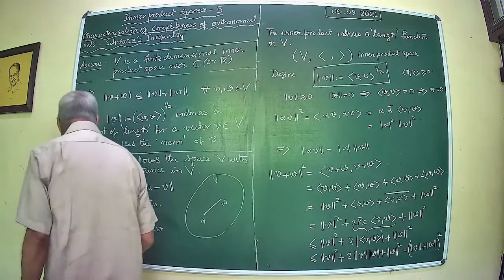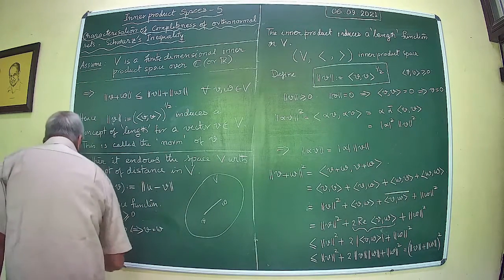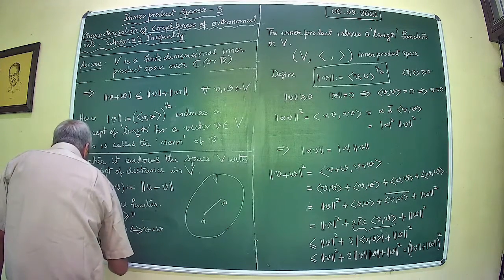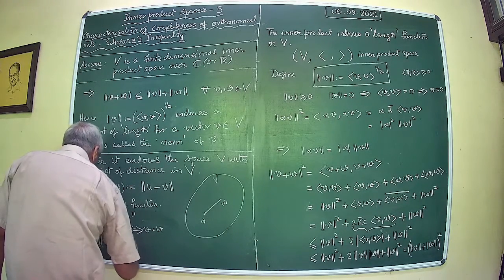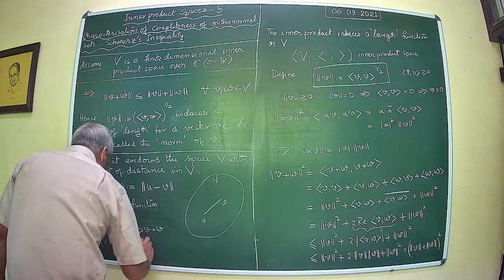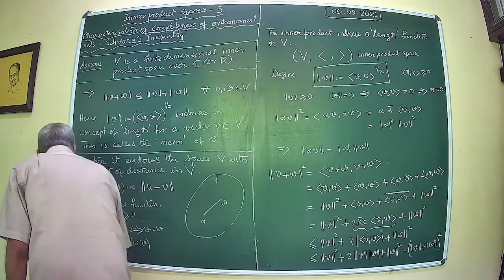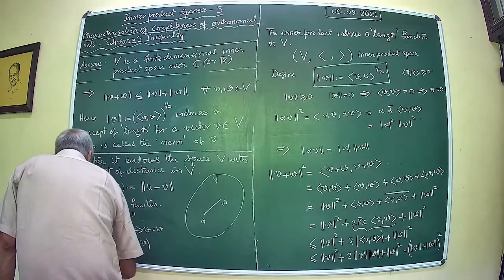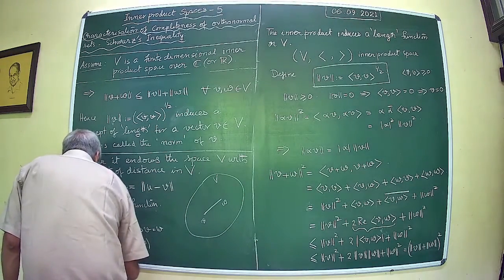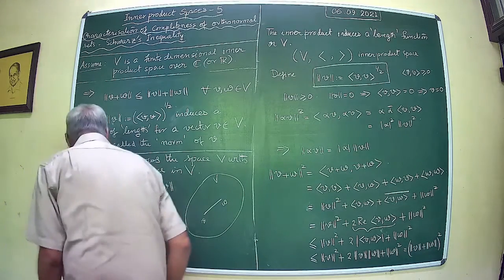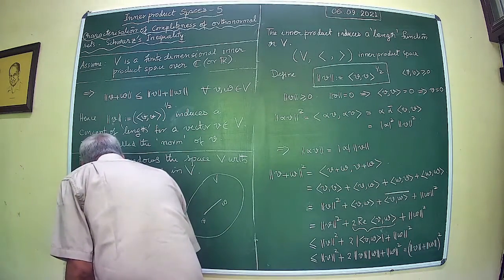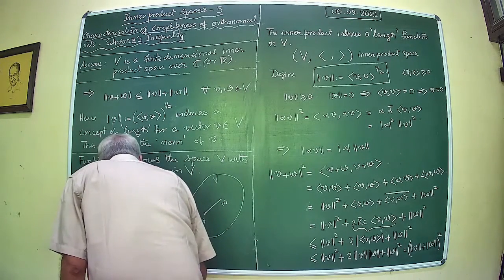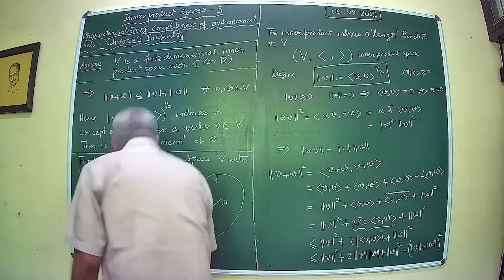Now what more you want? You want third property, the symmetry. And the fourth property is the triangular inequality, d of v, w less than or equal to d of v, u plus d of u, w. These are the properties.